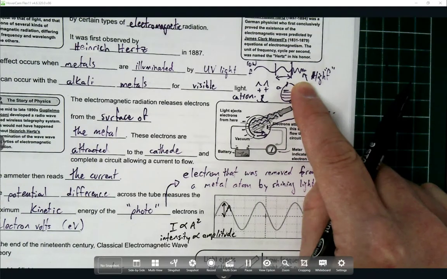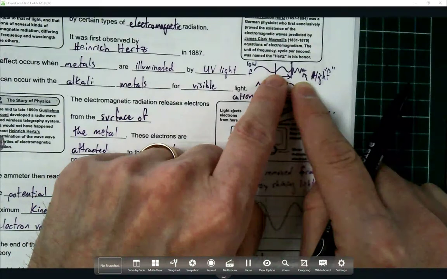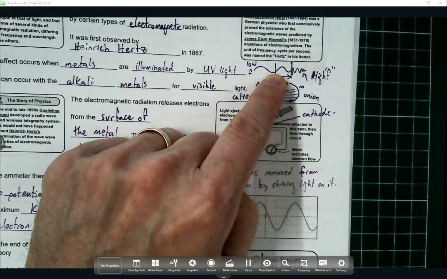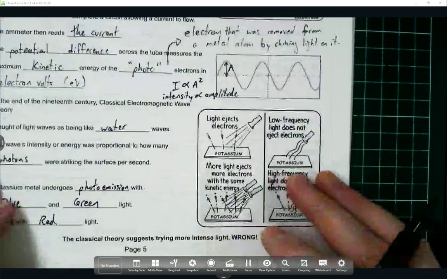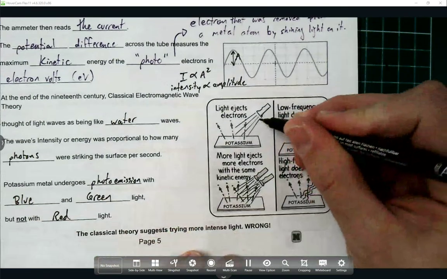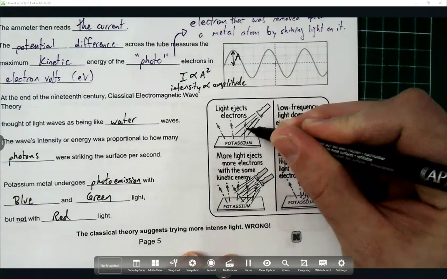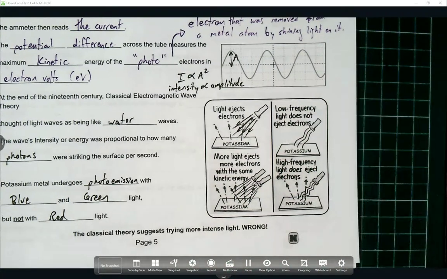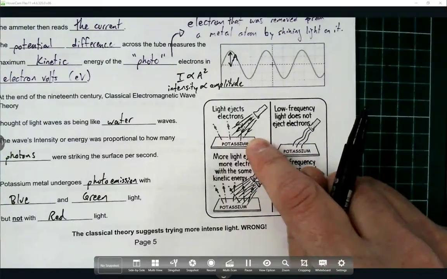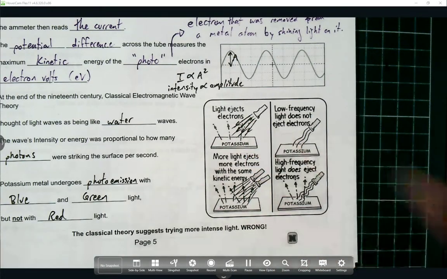And so if I want to use light to knock off electrons, I can't use low frequency radiation, because that means that the individual photons are low energy. When you bathe something in light, you're actually shooting individual nuggets of energy that we call photons. And if each one of those nuggets isn't energetic enough, it won't knock off an electron.